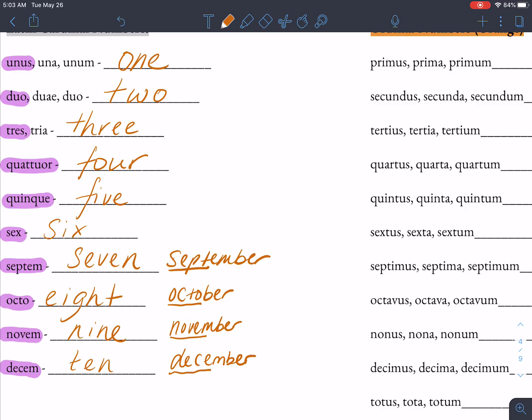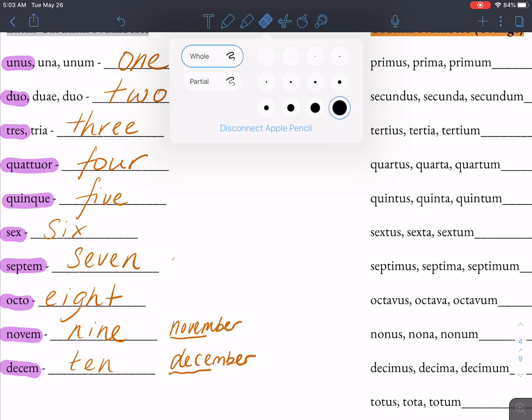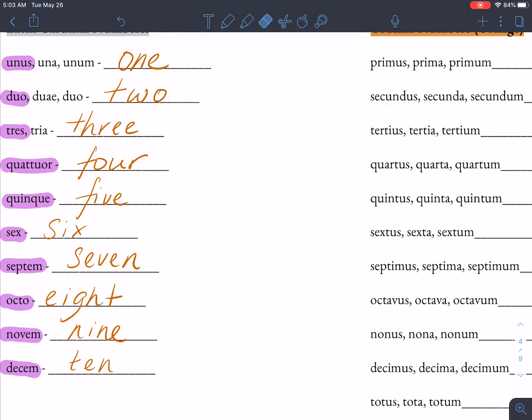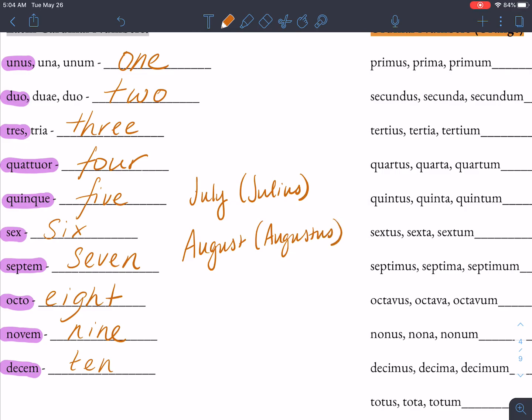Interestingly enough though, two guys came along and thought, yo, I'm really cool, so I'm going to name some months after myself, because I'm awesome. Right? I guess if you had that power, that would be cool. Those guys were Julius Caesar and Augustus. And that is why we have July for Julius and August for Augustus.